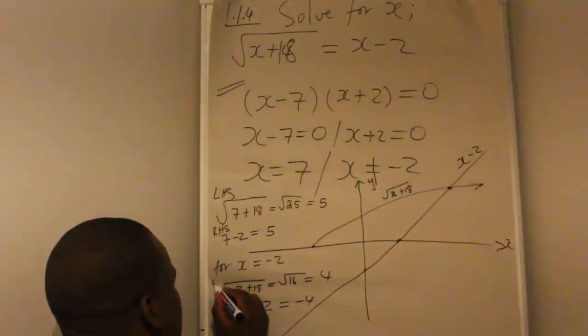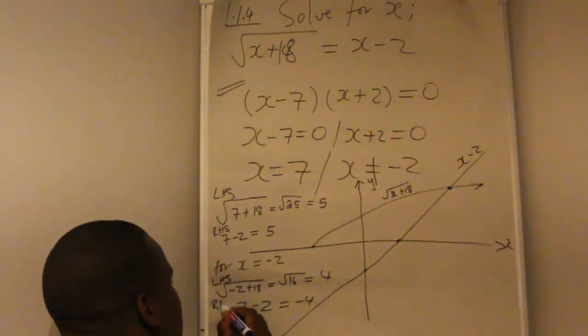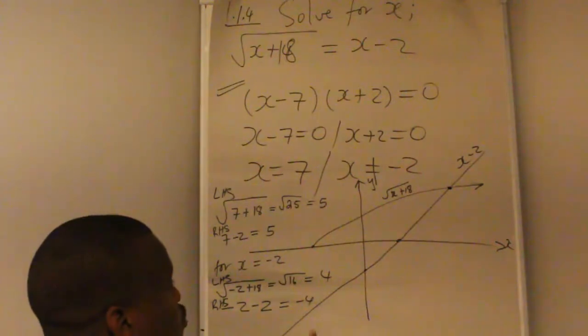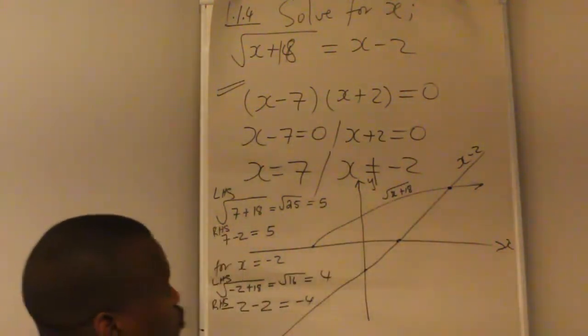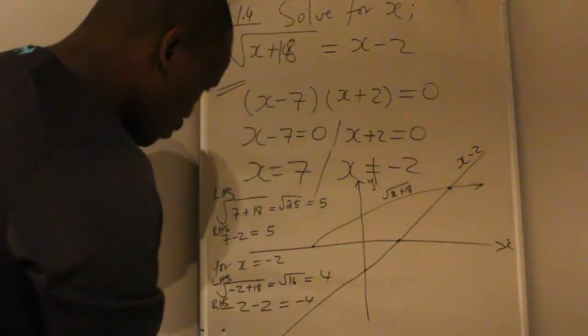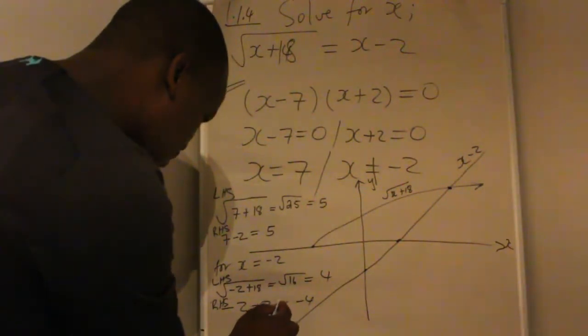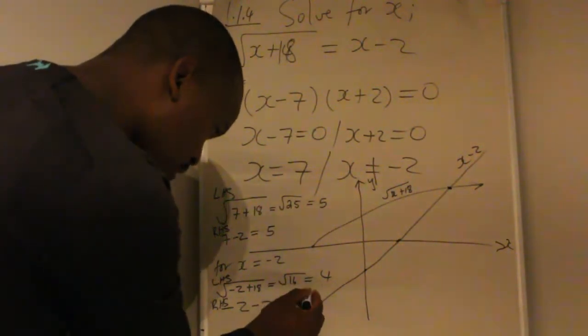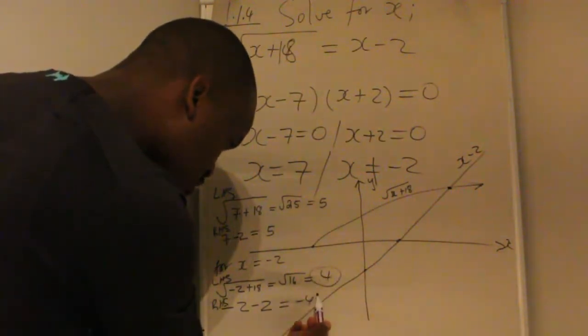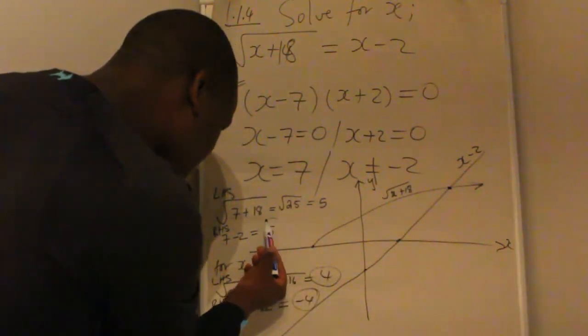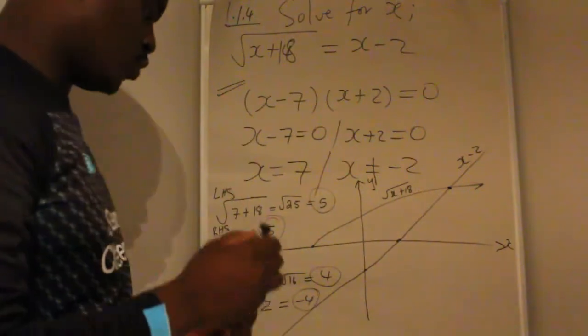So the left hand side and the right hand side are not equal. This is how you check if you don't know how to draw the graph. This 4 is not equal to this minus 4, while this 5 is equal to that 5. That is how you check.